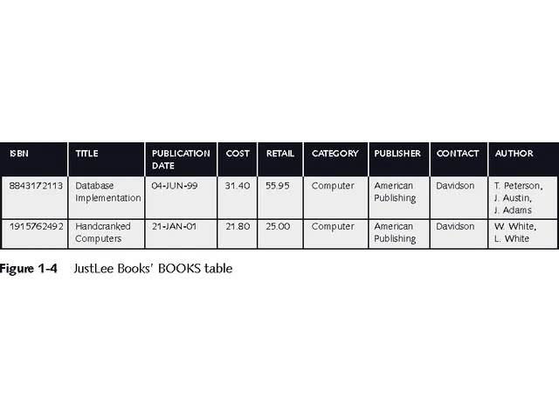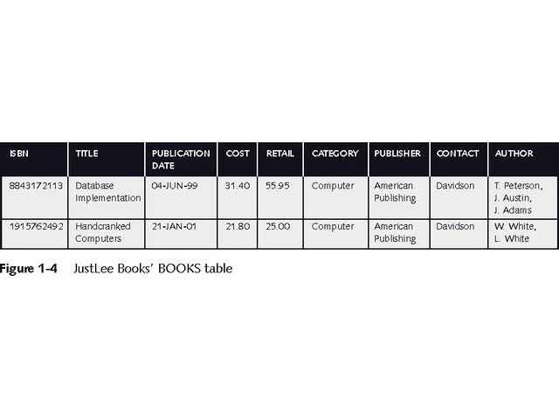So you have the ISBN, and the title, publication date, cost, all these other than ISBN, we call these columns attributes. Attributes are describing the entity.